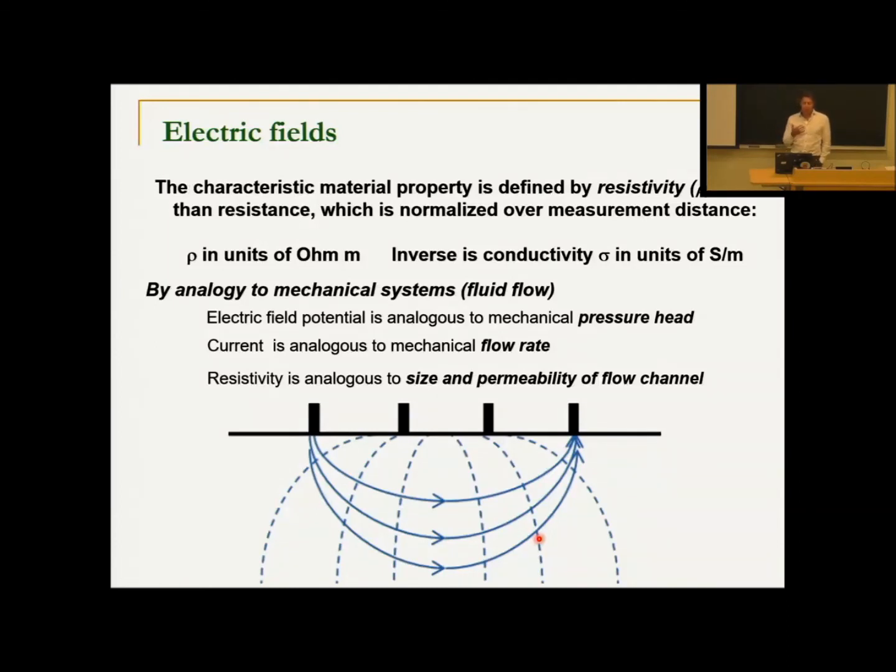And we can normalize that to its resistivity, that is, normalize it over the distance which it propagates, and we get units of ohm meter, or the inverse would be Siemens per meter. It's what's called conductivity. So the idea is we push current flows over these equal potential fields.